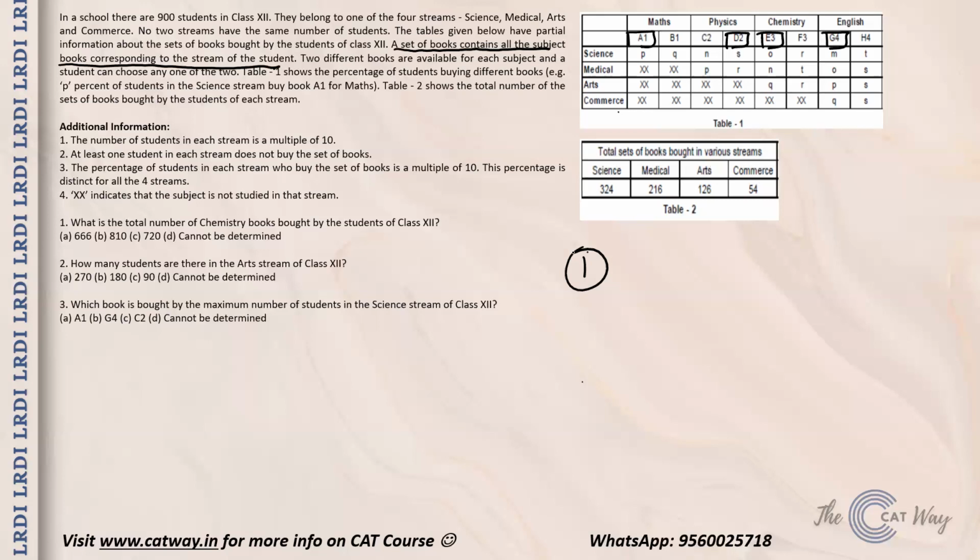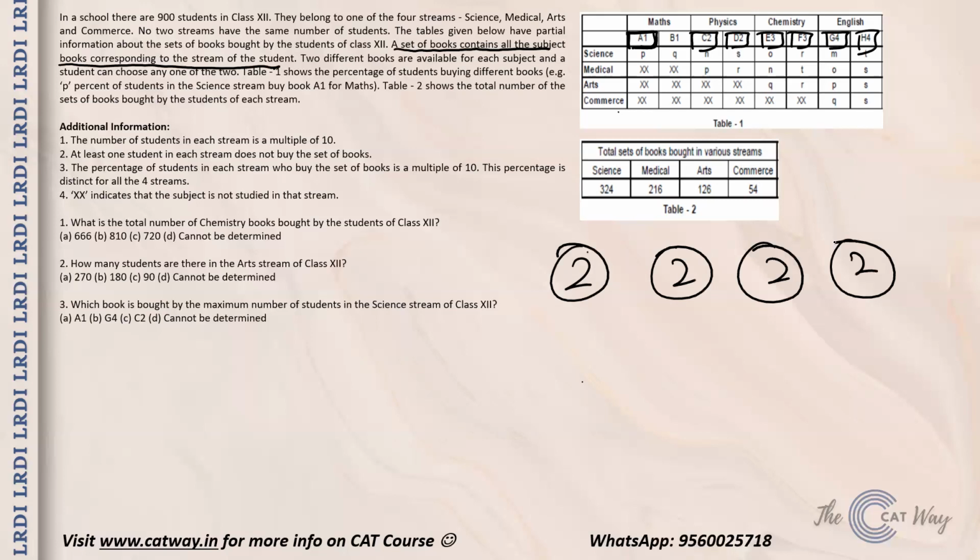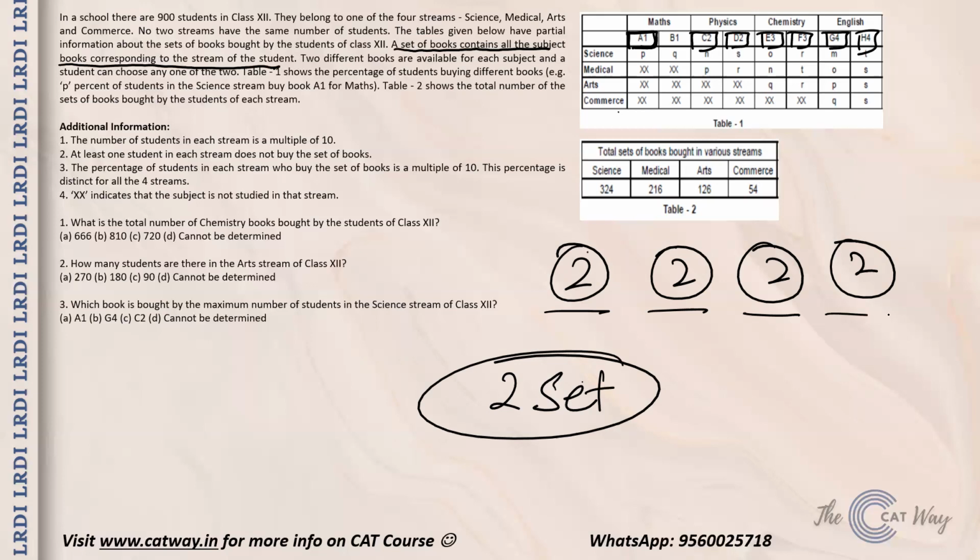Now the other guy, let's say he buys A1, but he buys C2, he buys F3 and he buys H4. Still, 2 books on maths, 2 on physics, 2 on chemistry and 2 on English have been bought, right? And if 2 people have gone, it's 2 sets completed and all the books will be bought equal in quantity, right?